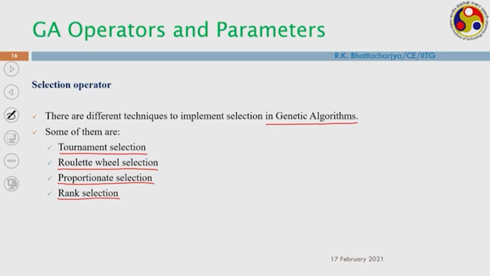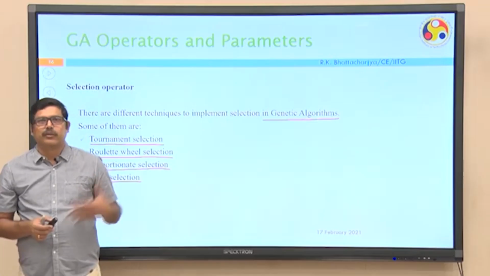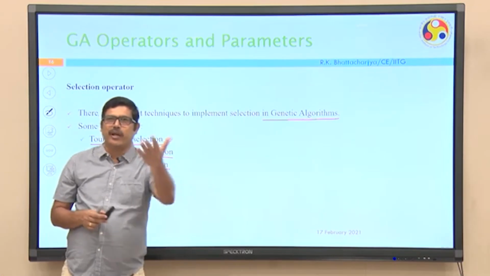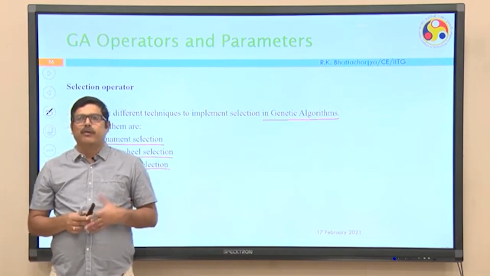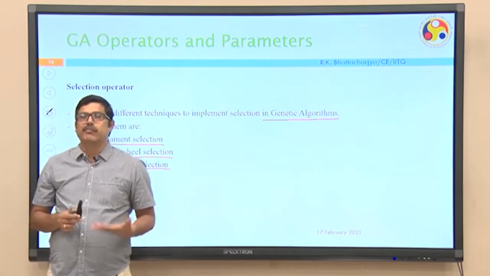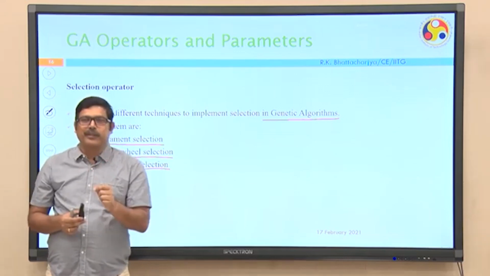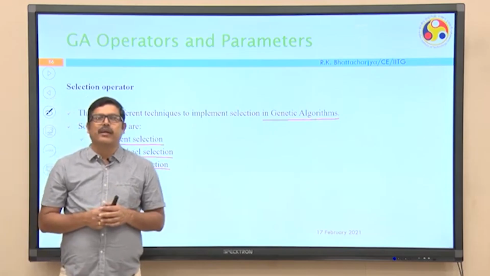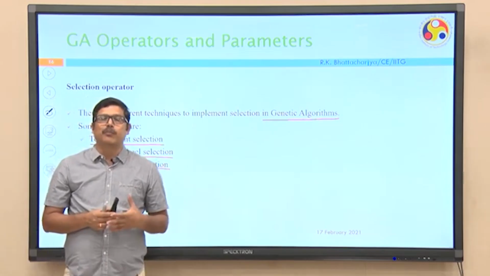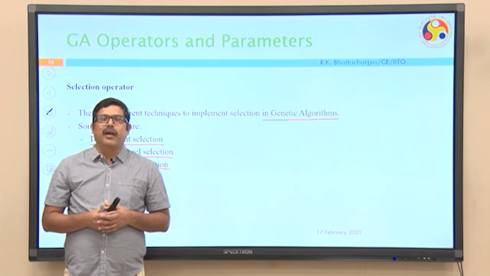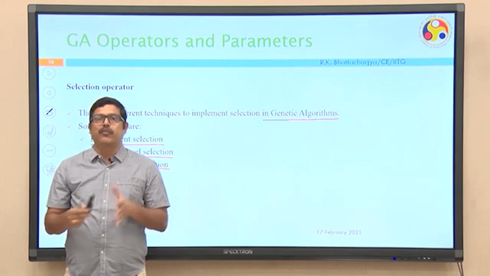I can implement one of them, or there are some other selection operators also, or you can have your own selection operator, but just remember the function of the selection operator. You have to identify the better solution. Then you have to make multiple copies of the better individual, and you have to eliminate the inferior solution.